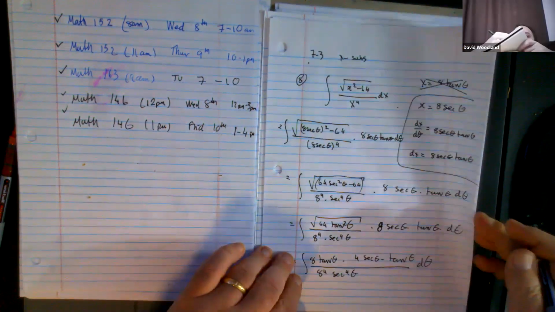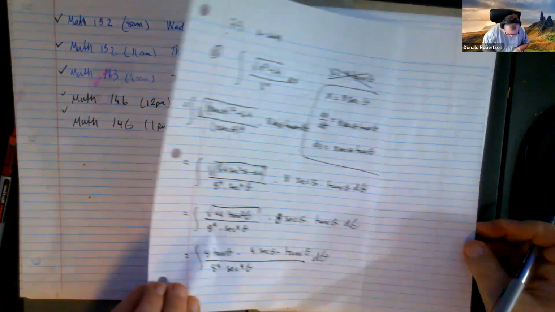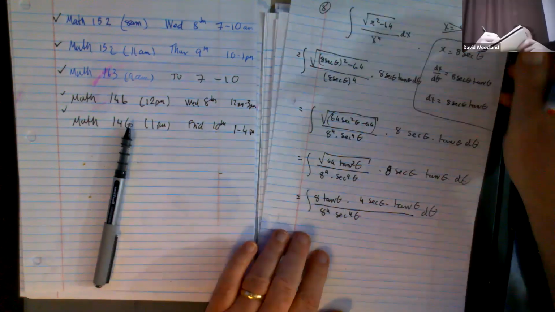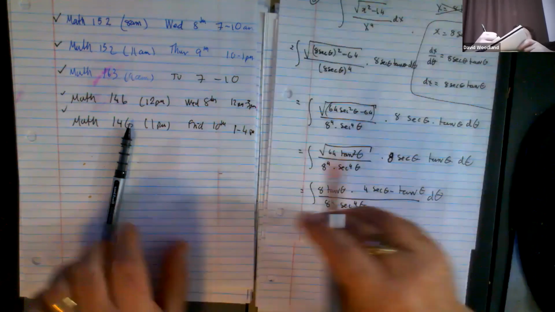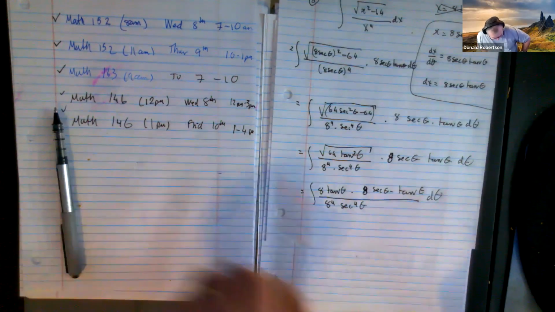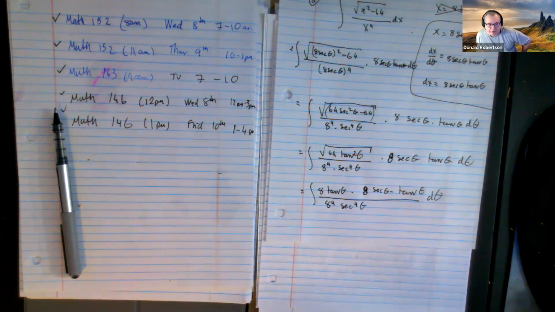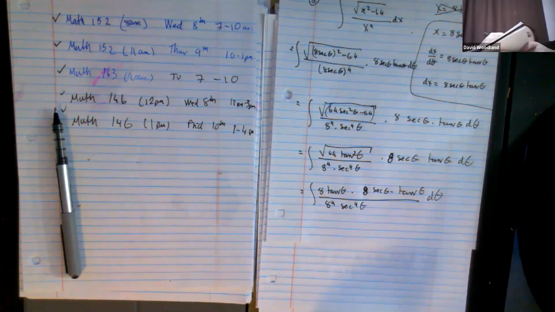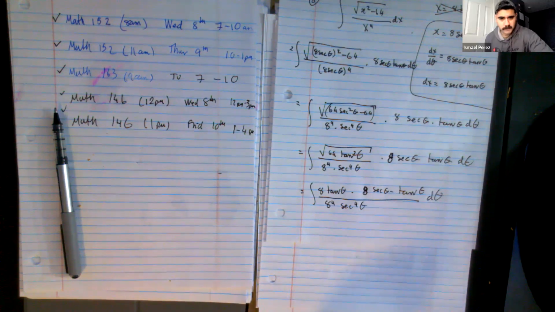Okay, time for some carnage here. Anything I can cancel, top and bottom? And I keep wanting to turn that into a 4. I have no idea why. Something in the top cancels with something in the bottom. What could that be? The 8.